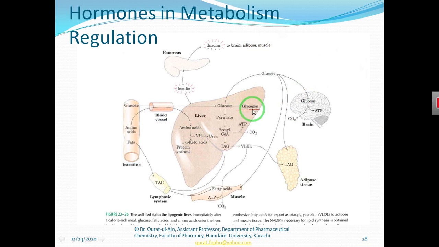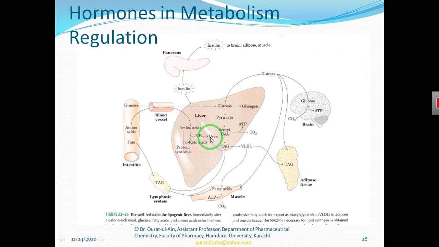And then what will happen? Glycolysis takes place, and this glucose is converted into pyruvate, and the pyruvate is converted into acetyl-CoA. Acetyl-CoA forms triacylglycerol, and then the fatty acid is transported to the adipose tissue and deposited there.